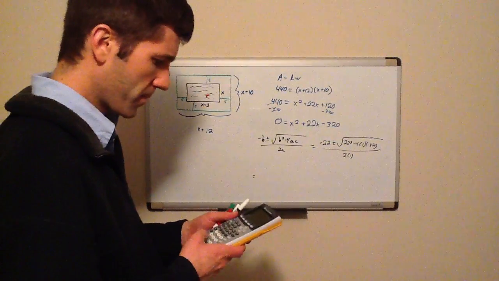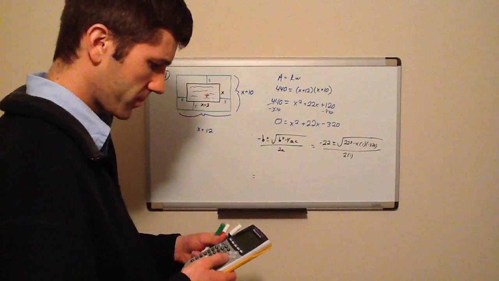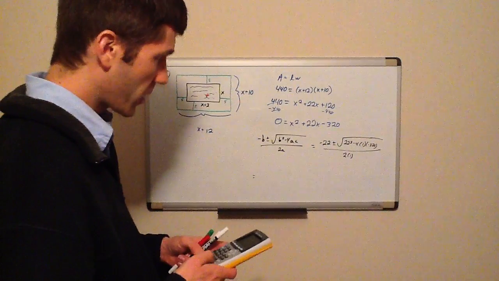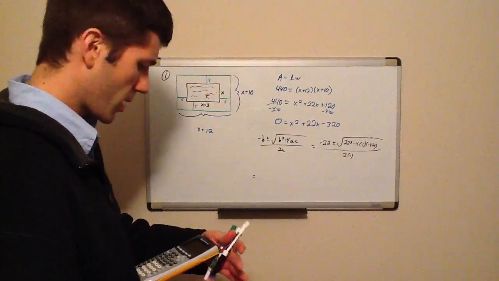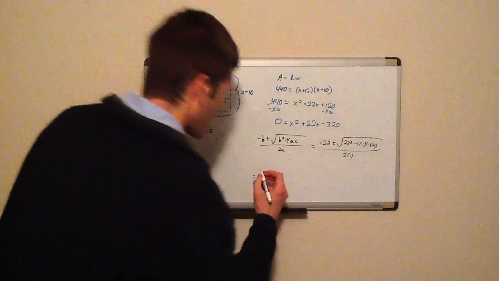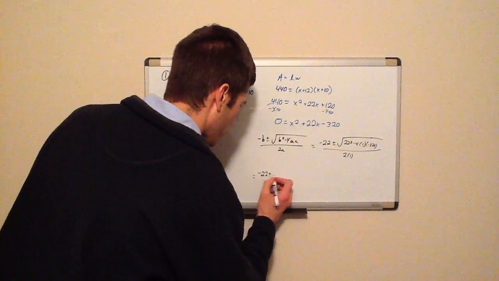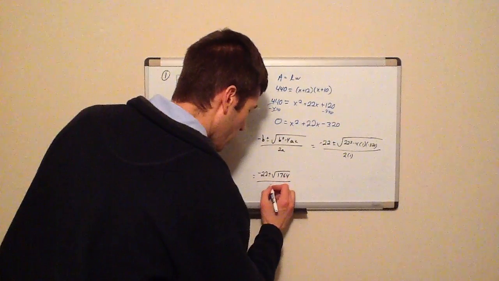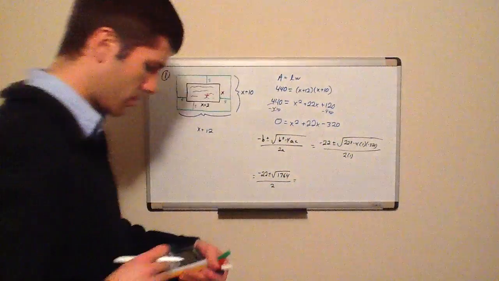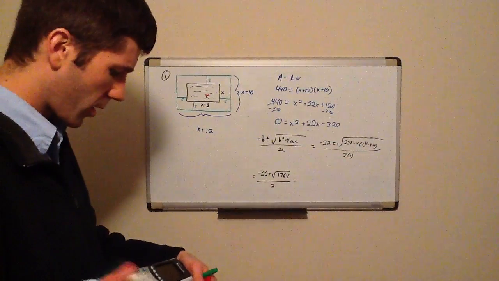Don't wait on me. You go ahead and do it without me. 22 squared minus 4 times 1 times negative 320. Negative 22 plus or minus the square root of 1764, all divided by 2. 1764 should be a perfect square, and it is.